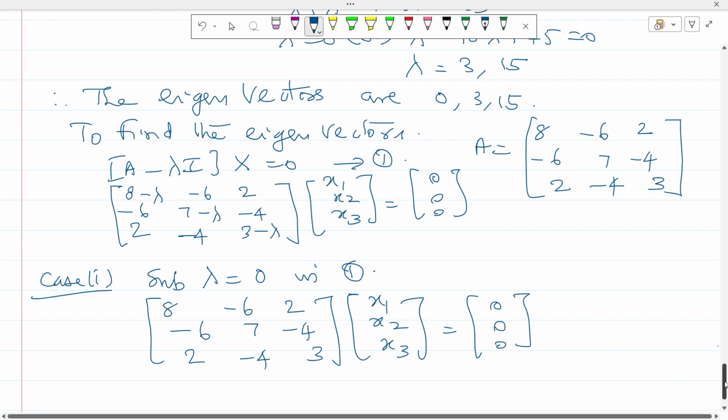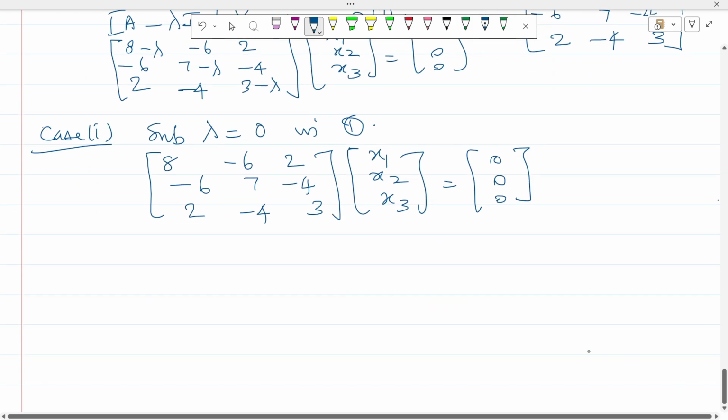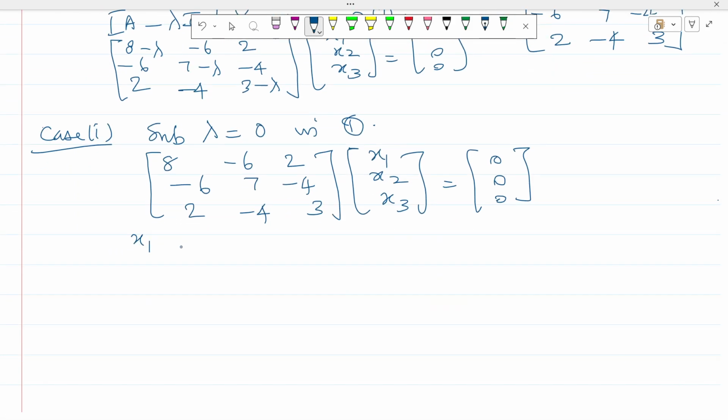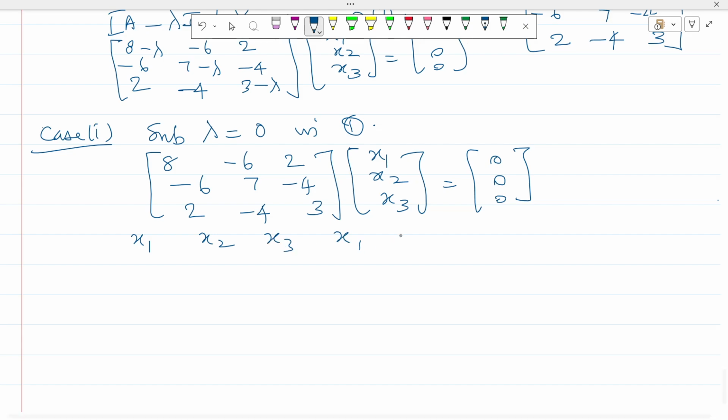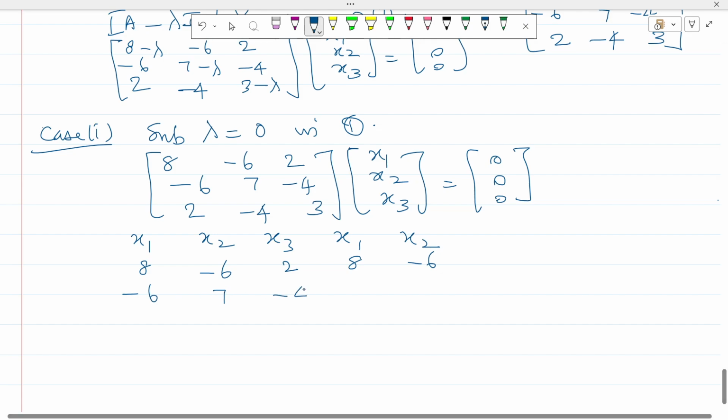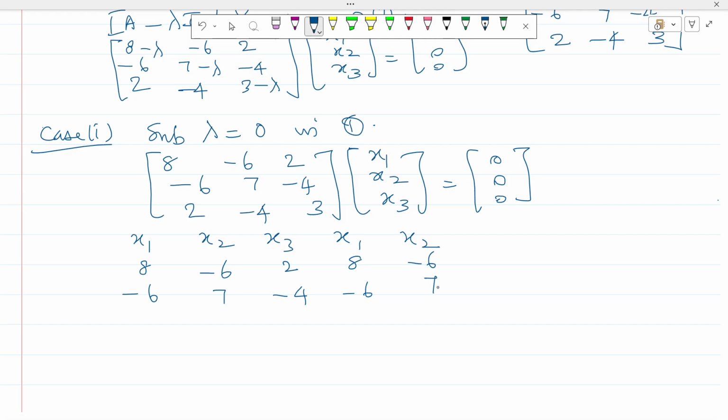Now we have to take two non-identical rows and write x1 x2 x3 x1 x2 continuously: 8 -6 2 8 -6, -6 7 -4 -6 7.